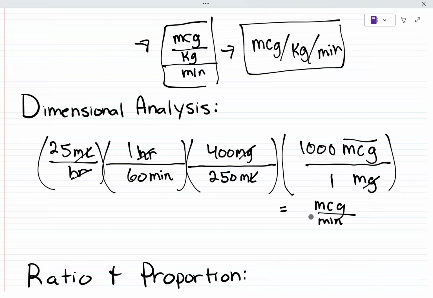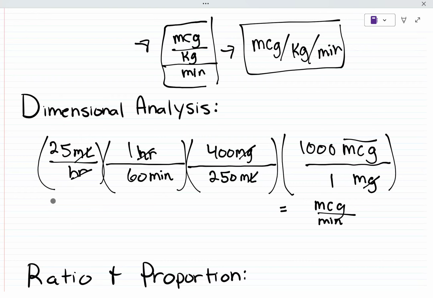Oh, I see. Okay. Then what we have to do is divide this answer by your patient's weight because we need some kind of kilograms, right? So let's do this first. This is like a two-step. I don't think we could do this all at once.